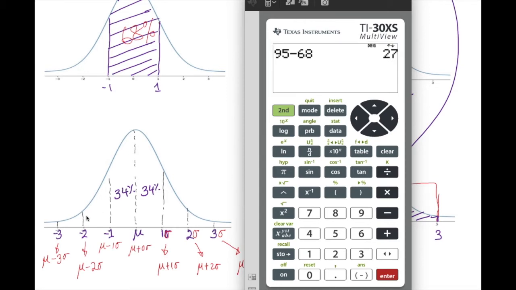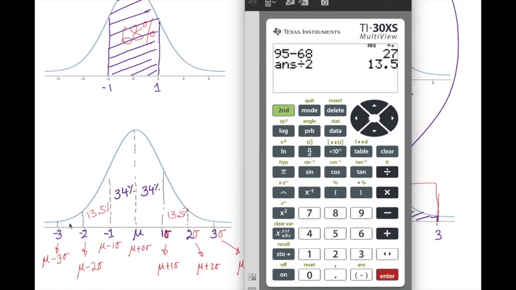So these two boxes together are 27. To find this one, I divide by 2, which gives me 13.5. So this piece is 13.5, and that one is 13.5. Of course, percentage.